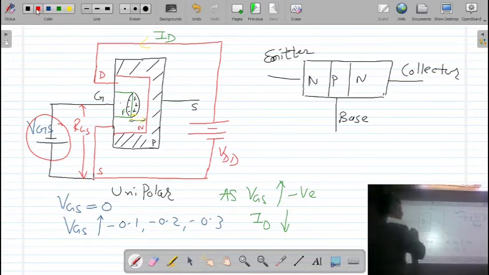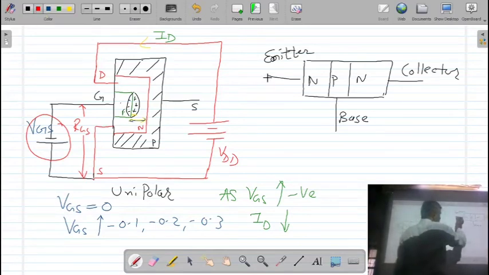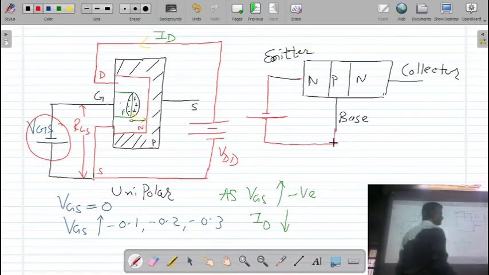Now, you already know from the last semester that to operate this transistor as an amplifier, the base emitter junction should always be kept in forward bias. This is N-type material, so I have to connect the negative terminal. This is P-type material, so I have to connect the positive terminal. This is called forward bias.